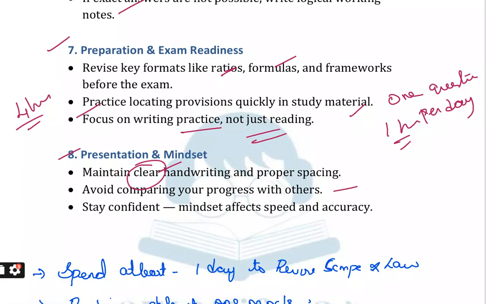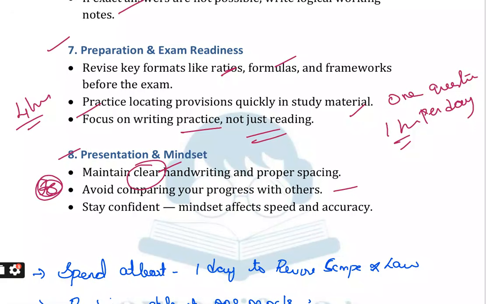And the main point here: don't look at others in the examination hall. Avoid comparing your progress with others, what he is doing, what she is doing. No, don't do that. Once you start writing your paper, you should not look at anyone until you complete it, because subconsciously it will deviate you.